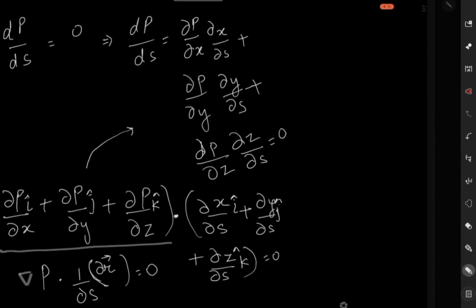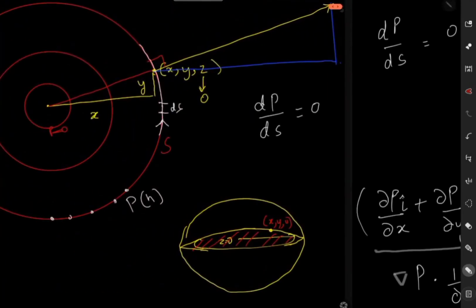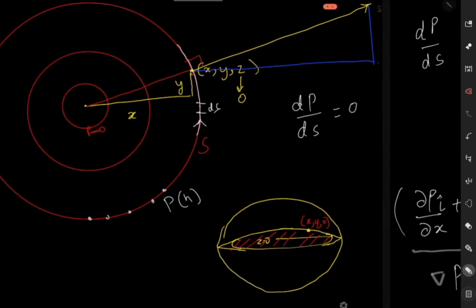What is the direction of dr? dr is tangent, since we are moving along the surface, the spherical surface. This will be our dr direction, which is the tangent direction.